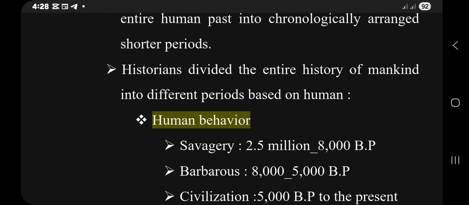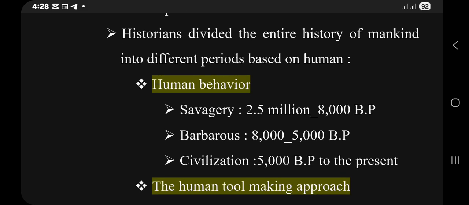For example, based on human behavior, historians categorized the past into three periods: savagery, barbarism, and civilization. The period of savagery is from 2.5 million to 8,000 BP. It was totally uncivilized humans who existed during this period.